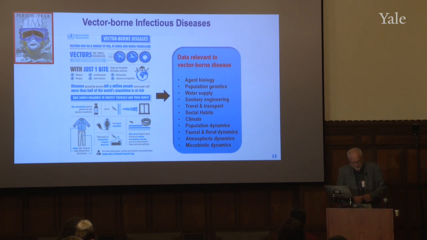You can see on the right here, we have biology of the agents involved, population genetics, water supply, sanitary engineering, travel and transport, a whole array of things that relate to the spread of these different vector-borne diseases. So it is non-trivial. And then you get into the treatment phase. How do you efficiently treat some of these diseases or try and staunch something like Ebola from spreading further? Then it gets into a lot of the human dimension and medical dimension as well.